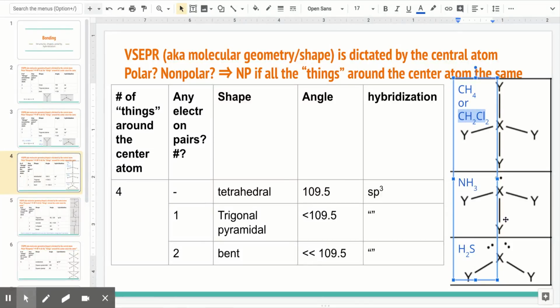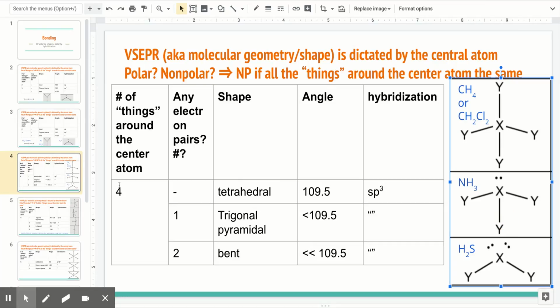Okay. Our next option here is if we have 4 things around, but one of them is an electron pair, right? So here I see the X, and I have 1, 2, 3, 4 things around my center atom. So if 1 is an electron pair, again, we can't see it. And so what that looks like is trigonal pyramidal.